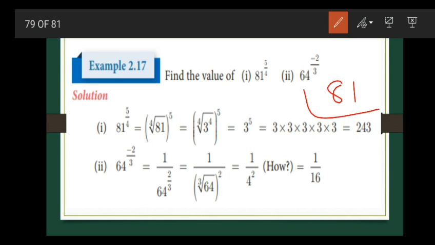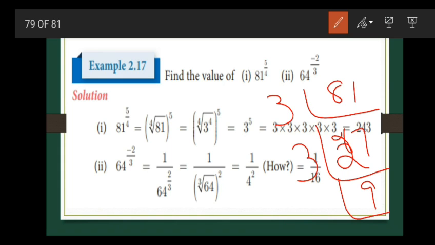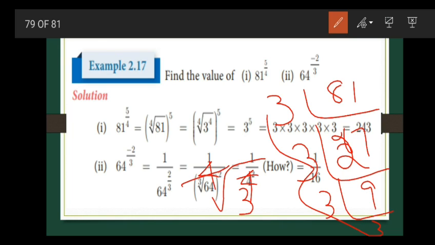When you factorize 81, we can factorize with 3. 3 3s are 9, 9 3s are 27, 3, 3. So here we have 4. When you multiply 3 4 times, you will get 81. So 81 can be written as 3 to the power 4. We are taking the 4th root of 81, so the 4th root and 4th power will get cancelled.